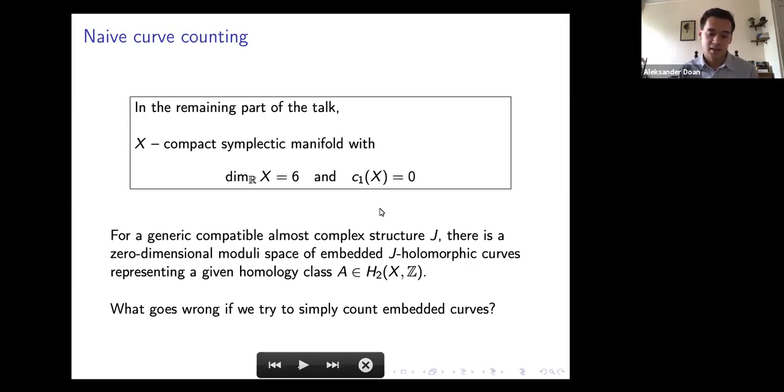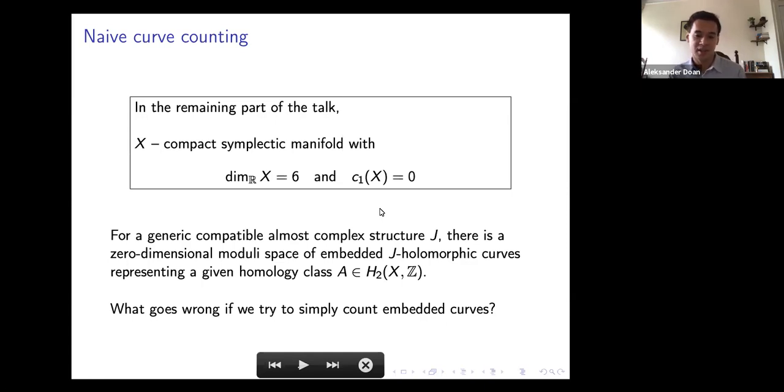And you can ask, if I have this zero-dimensional moduli space, why can't I just count points in this moduli space? It's just a bunch of points. Why couldn't I define an invariant simply by counting these curves in a given homology class, or maybe in a given genus? That would be much simpler than doing sheaf theory or gauge theory. In such a count, you always have to add signs, because two curves of opposite signs can annihilate each other.